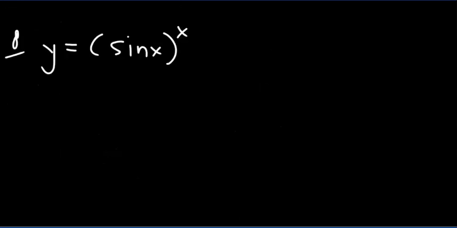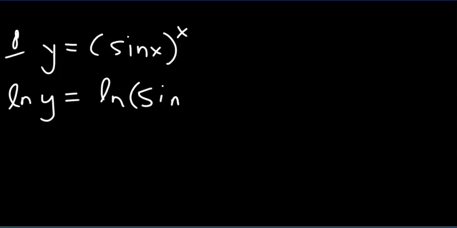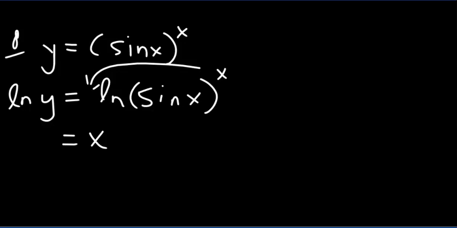And last problem. y equals (sin x) raised to the power x. So as always, let's take the natural log of both sides. So you're going to have ln of (sin x)^x, and this x can go to the front, and you're going to get x ln sin x.